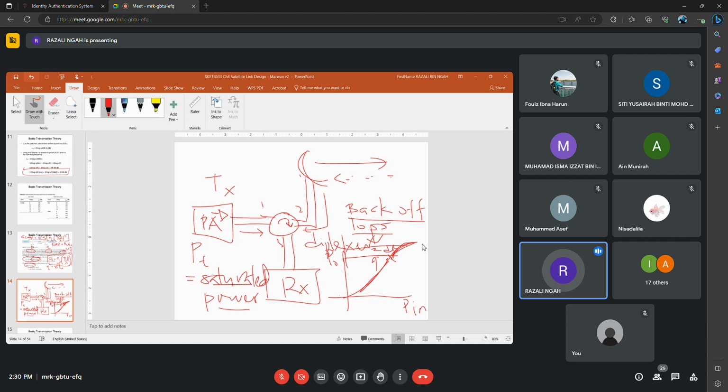The reason is, as you know, that if we operate in the non-linear region, the power amplifier can generate harmonic signals. Harmonic signal means unwanted signal.